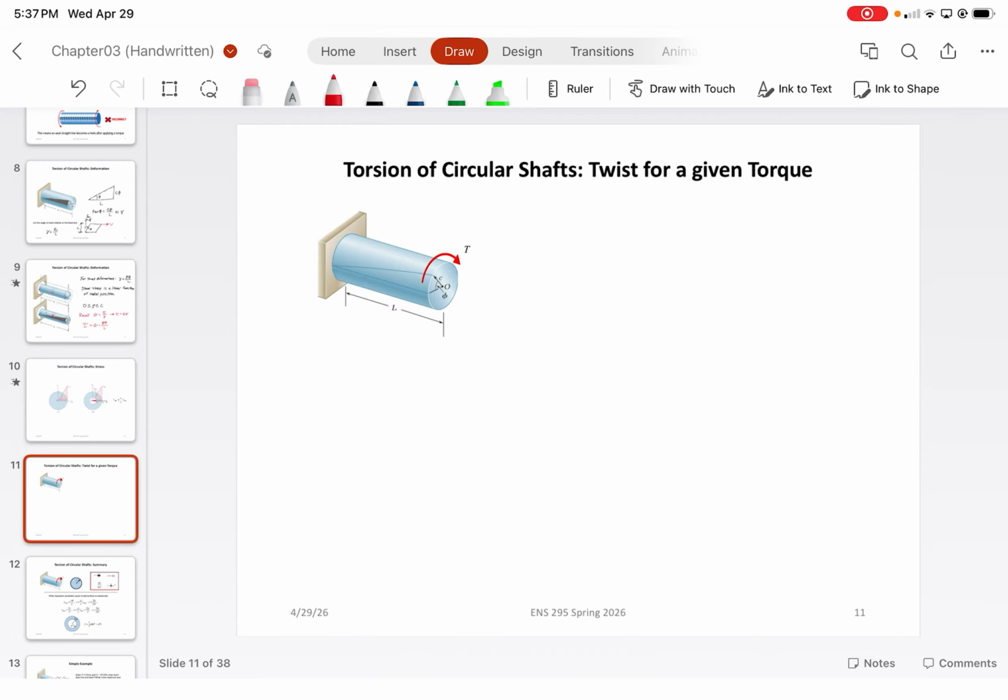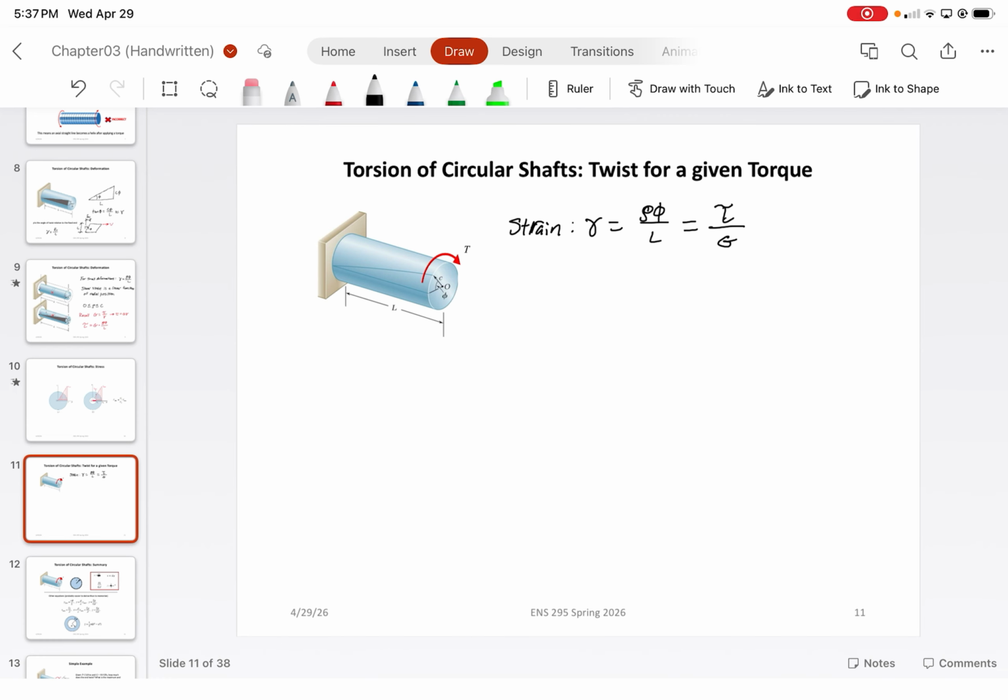All right. So far, we've ultimately derived expressions for the shear stress and strain. For strain, we write gamma is equal to rho phi over L, which we can also write as tau over G, right?